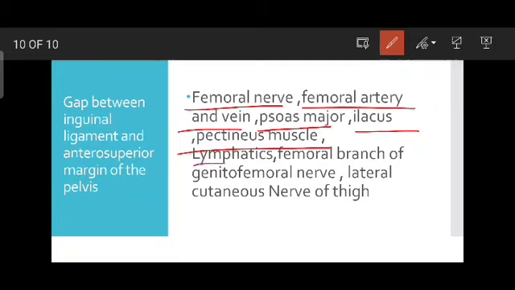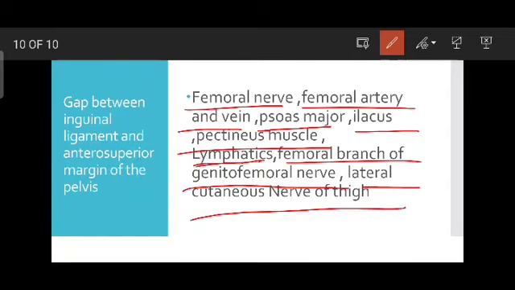And then lymphatics, femoral branch of genitofemoral nerve, lateral cutaneous nerve of thigh, all come out of the abdominal cavity and enter into the anterior compartment of the thigh. Okay, only exception is the femoral vein, which comes out of the lower limb and enters into the abdominal cavity.